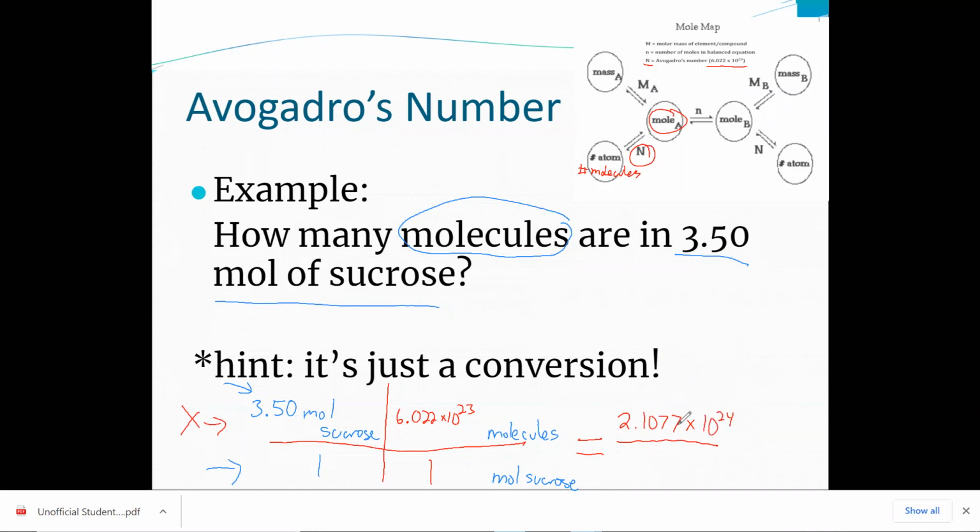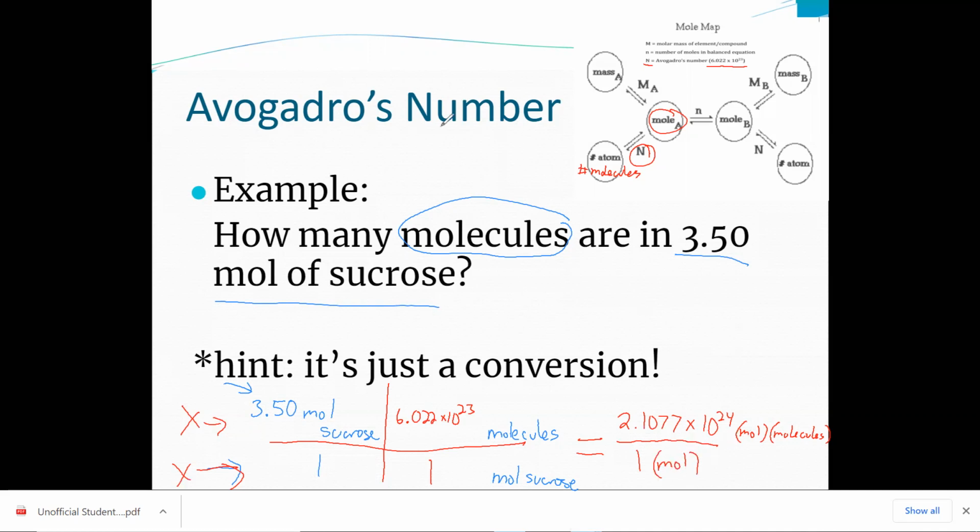On the top, we have our moles and our molecules multiplying across. On the bottom, we're going to multiply straight across the same way. 1 times 1 is going to be 1. And then we have our moles as well on the bottom.